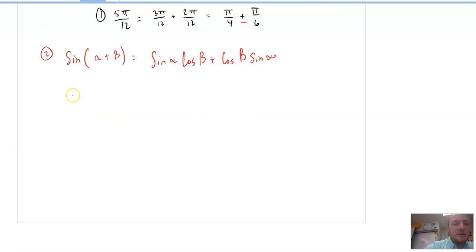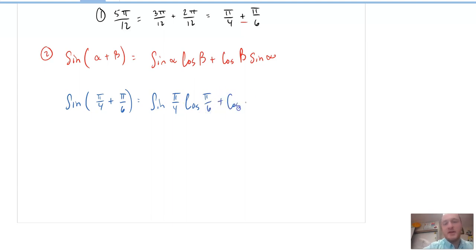So this is going to be sine of pi fourths plus pi sixths. So sine of pi fourths times cosine of pi sixths plus cosine of pi fourths times sine of pi over 6.